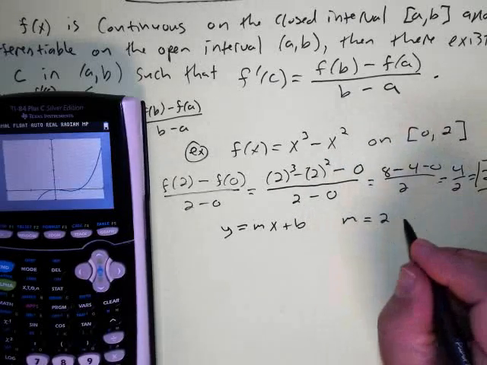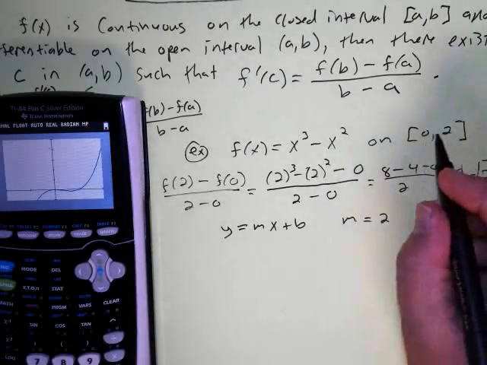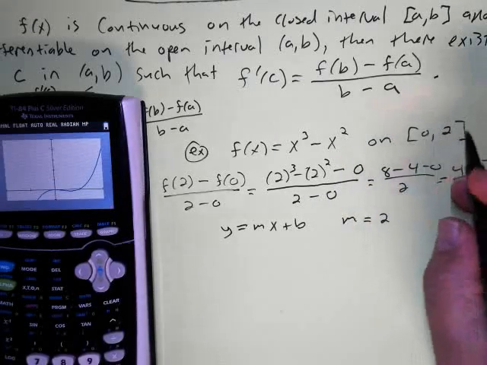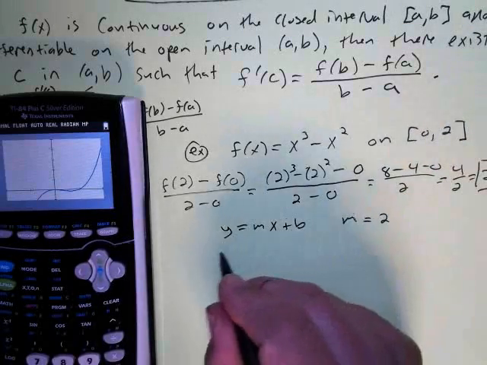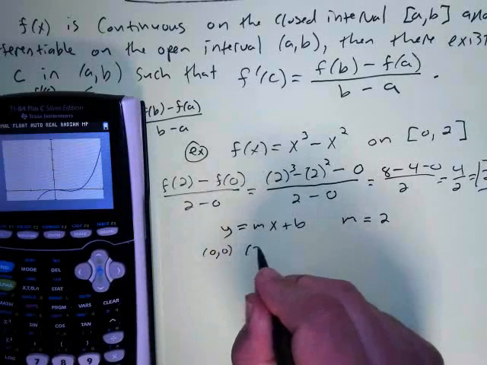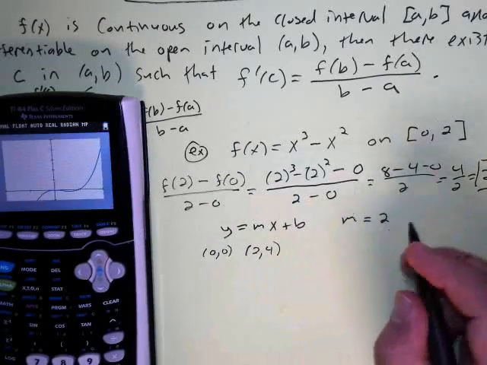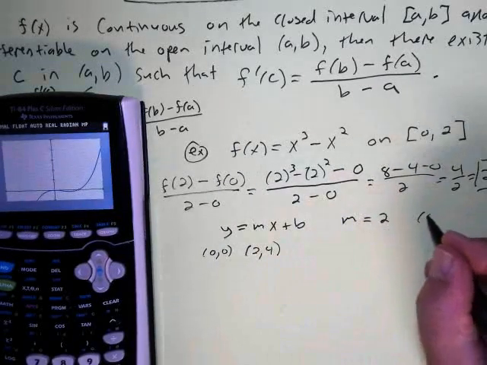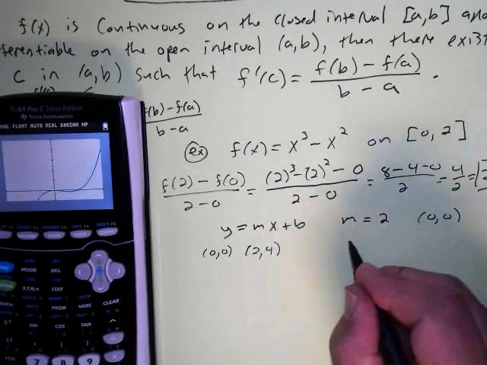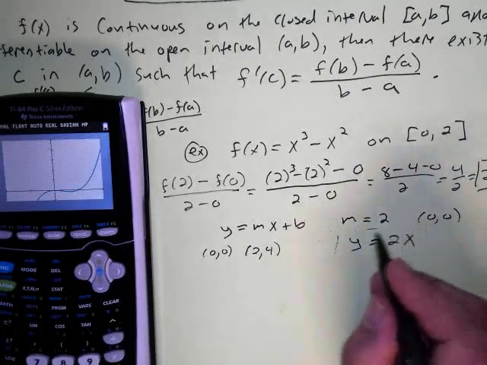You're wanting the line that passes through the point 0, 0 and 2, 4. You have the slope of 2, and it goes through the point 0, 0, so b is just 0. So you get y is equal to 2x. This is the secant line.